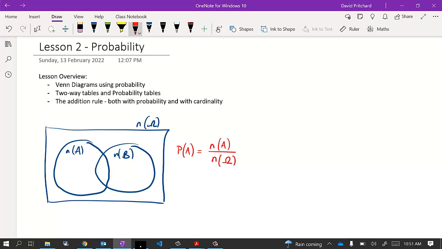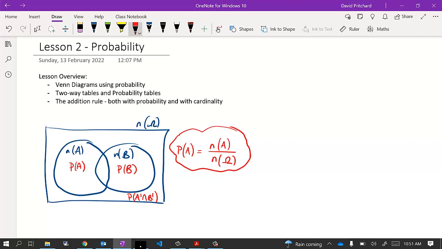Now this is a probability rule that you should know quite well. Now if we do that, then probabilities in here will be probability of A rather than number of A, probability of B rather than number of B. This will be a probability of not A and not B, and so on.